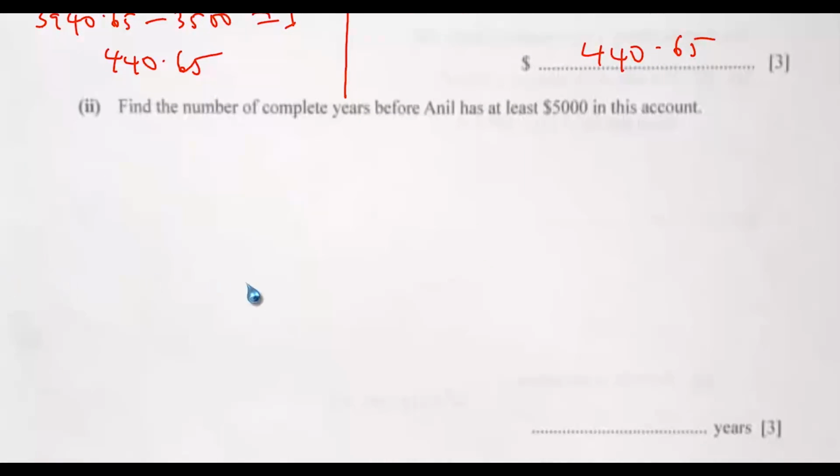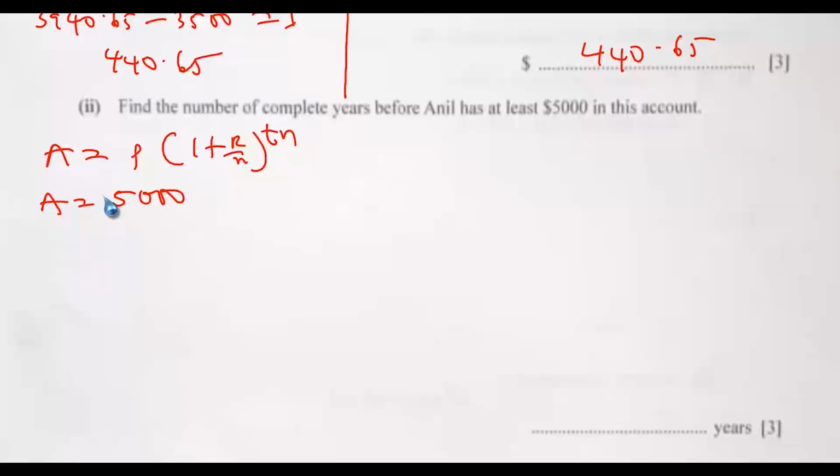Find the number of complete years before Anil has at least $5,000 in his account. To do this, we still make use of the same formula. A is equal to P into 1 plus R over N to the power of T times N. In this case, we know that the amount is equal to $5,000. Already we know that the rate is equal to 0.024.